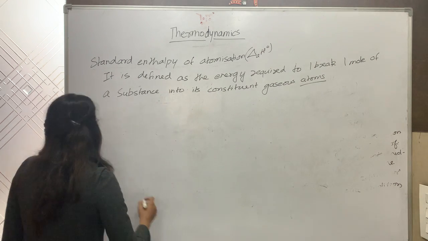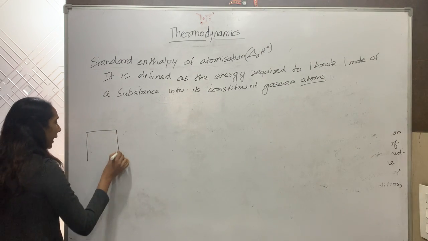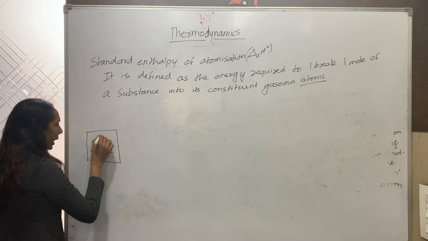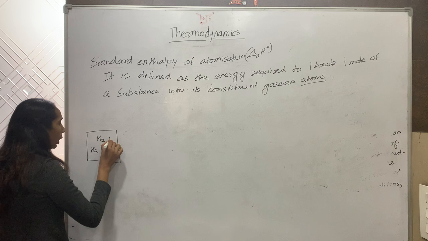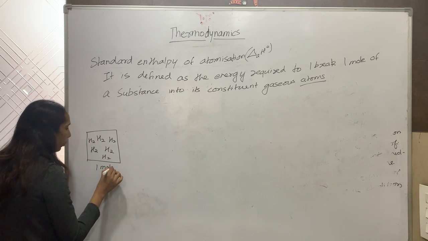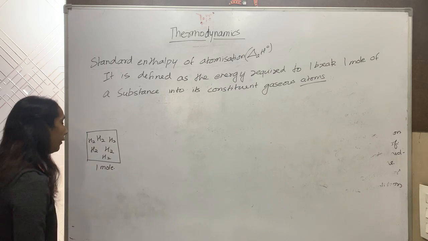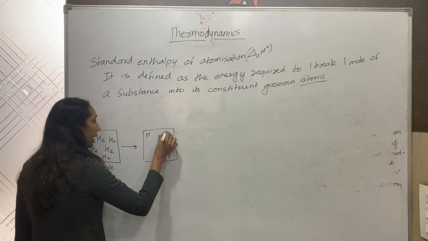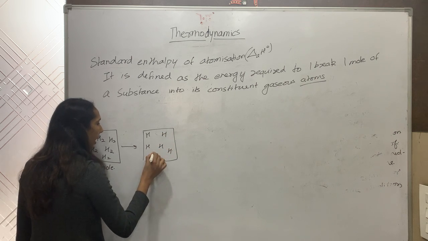That means if I have got this container containing H2 gas, hydrogen gas exists in the form of H2 molecules. And how much H2 gas is present here? 1 mole. Now, if I want to break it completely into atoms, separate gaseous atoms, I have to break.